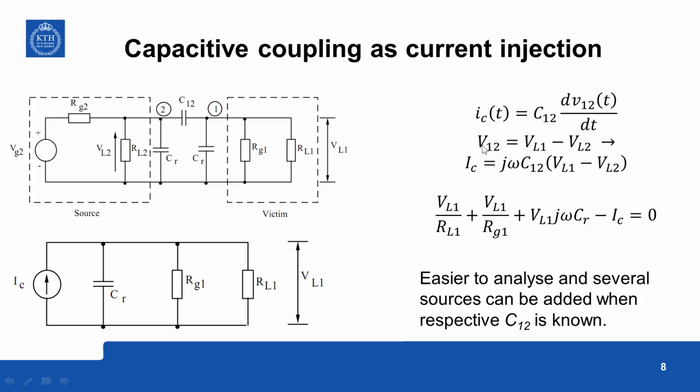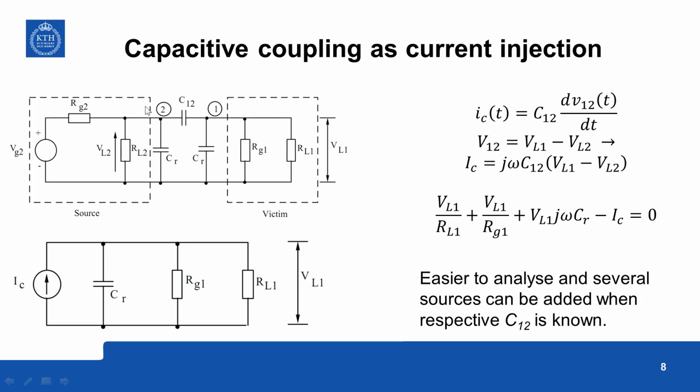Then V12 is VL1 minus VL2, and the source current IC equals j omega C12 times the potential difference across it. So now you write the node equations for I1 here.